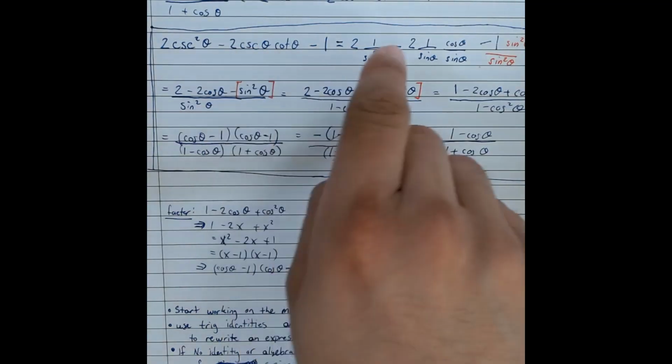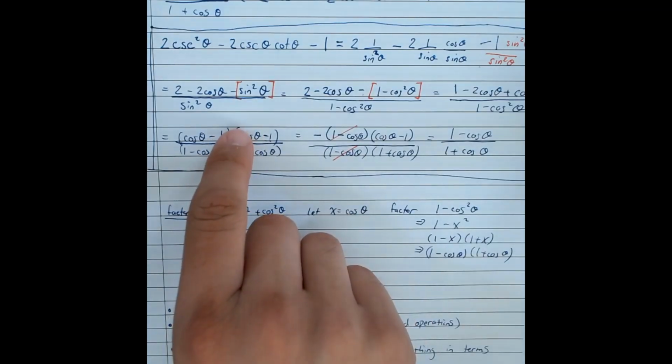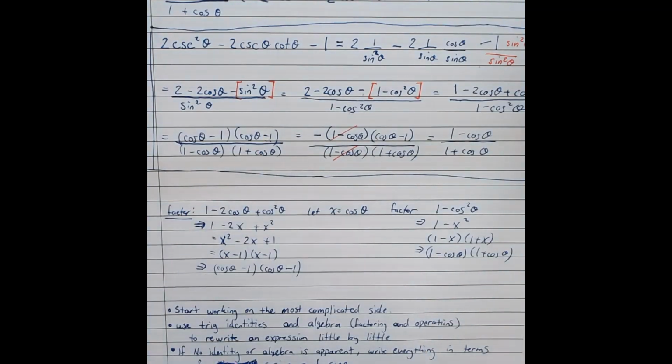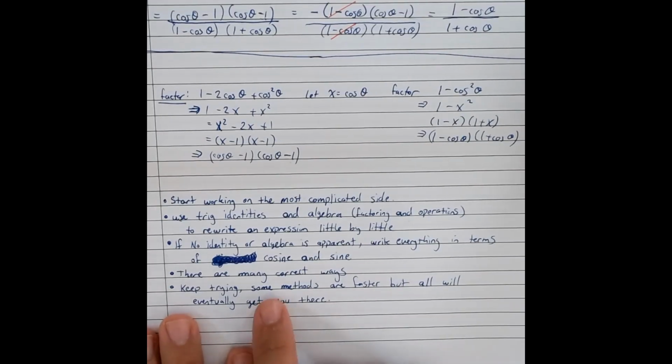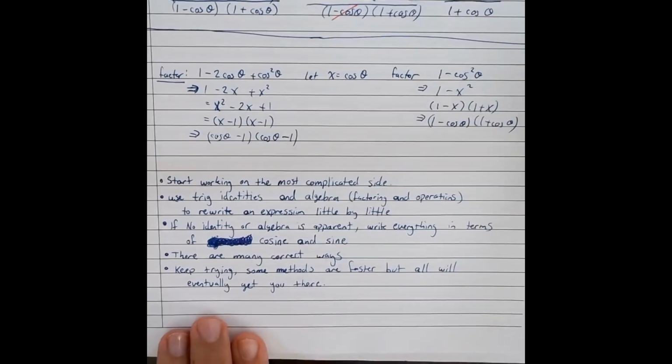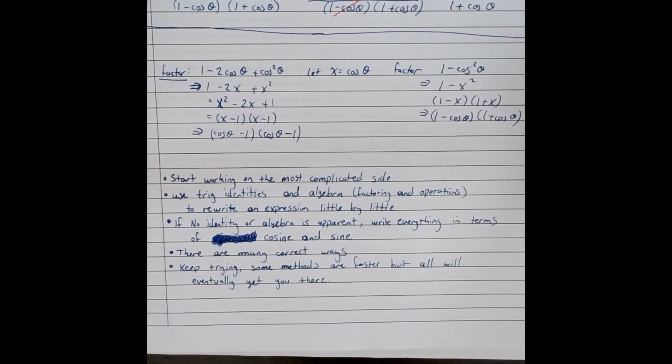As long as each step is equivalent to the one before it and to the one after it, it's still correct. So keep trying, because even if you feel like, oh, this is taking too long, as long as you keep moving forward, you will eventually get the result that you like or the result that you need.